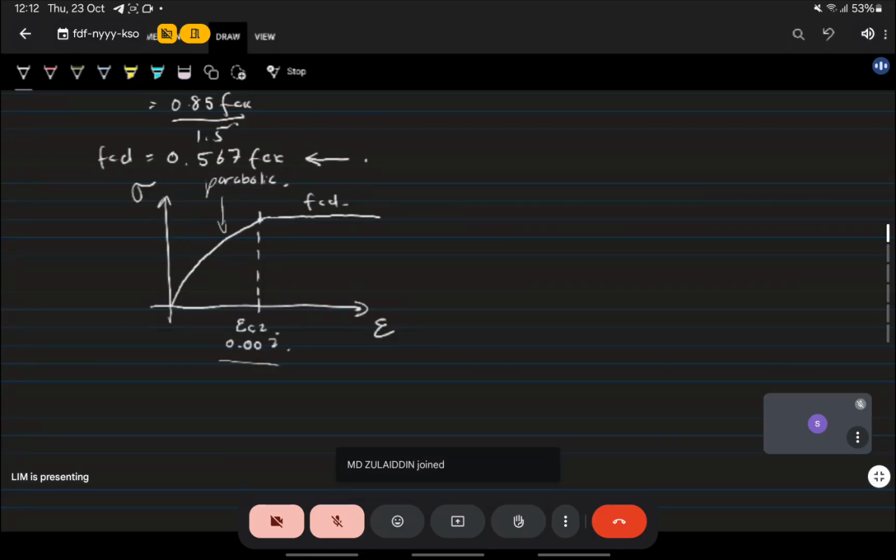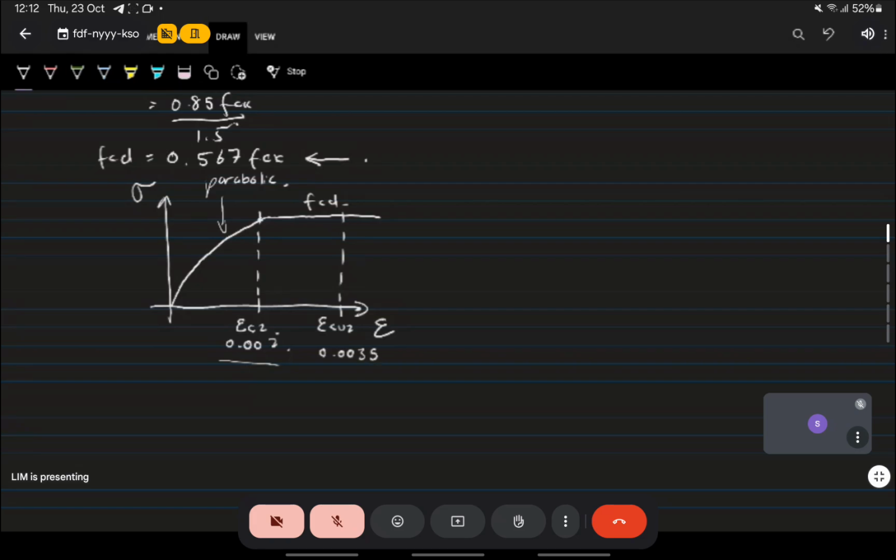Now, you can keep loading it up, but it will not take any more stress. The stress will stay at FCD, but the strain will keep increasing as you continue loading it up until a point of maximum strain, epsilon Cu2, which is 0.0035. This is when it collapses.